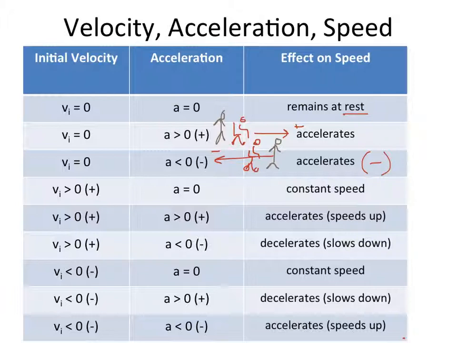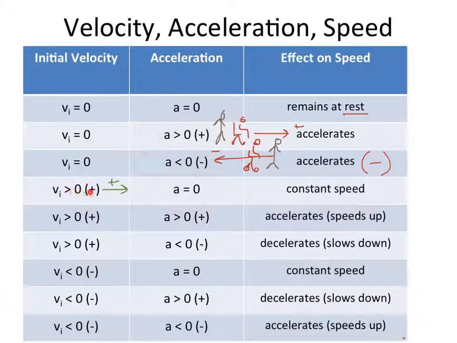Okay? What if we have an initial velocity greater than 0? That is, we're moving in the positive direction, but you experience no acceleration. What if your friend has pushed you and you're moving across some ice, which is virtually frictionless?